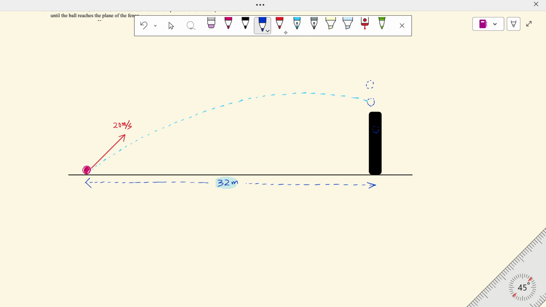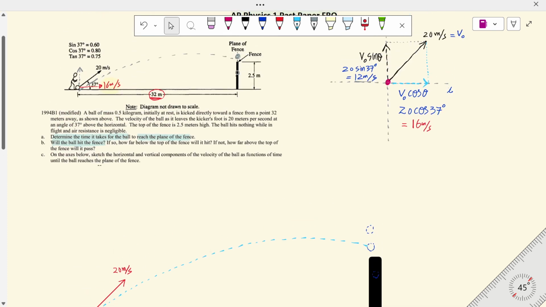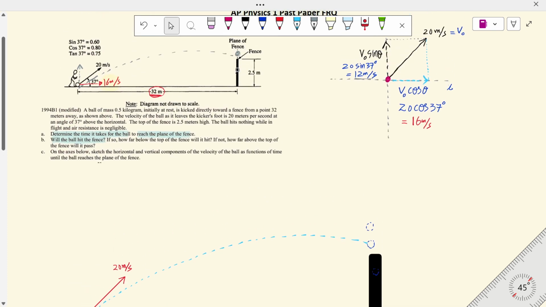So when we apply the kinematics equation, delta x, I will use the x component of velocity: initial velocity times t plus 1/2 acceleration times t squared. We know that acceleration in the horizontal direction is 0, because it is mentioned that there is no air resistance.